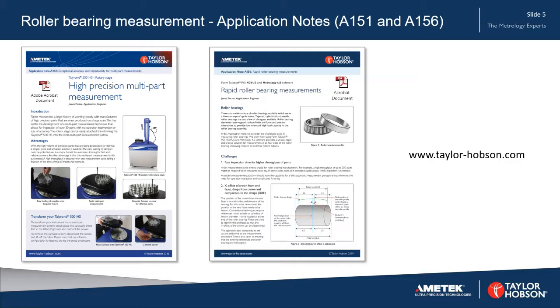And again, it shows that study that we looked at. On the right hand side, there is one on rapid roller bearing measurements, and that's that new method of holding the bearing at 45 degrees where you don't need so many fixtures to identify the end faces. And the same story that we've just been through is told in that.